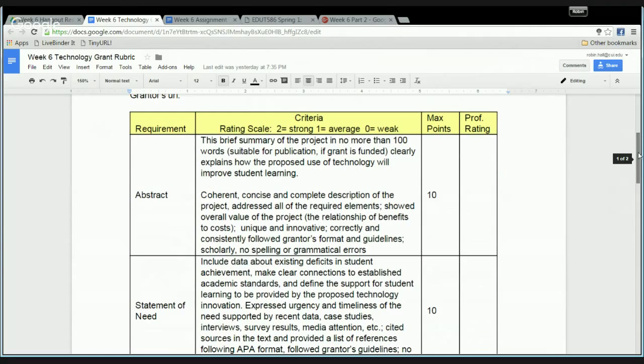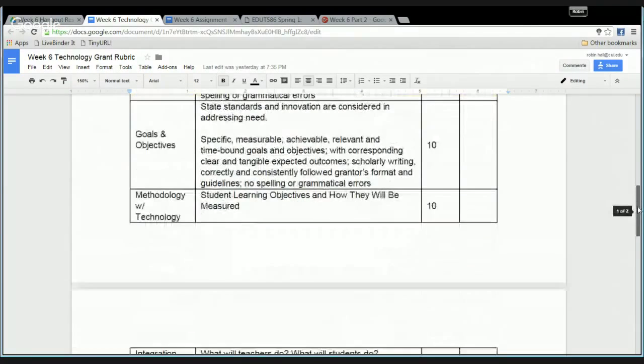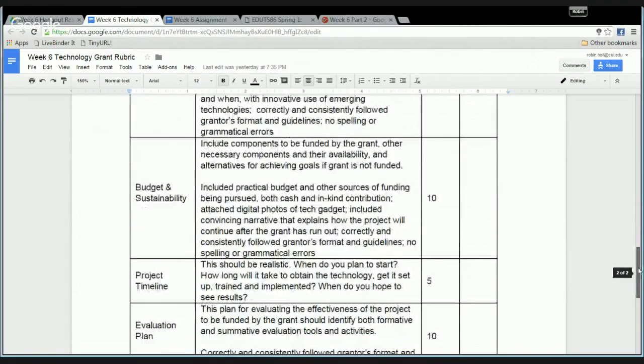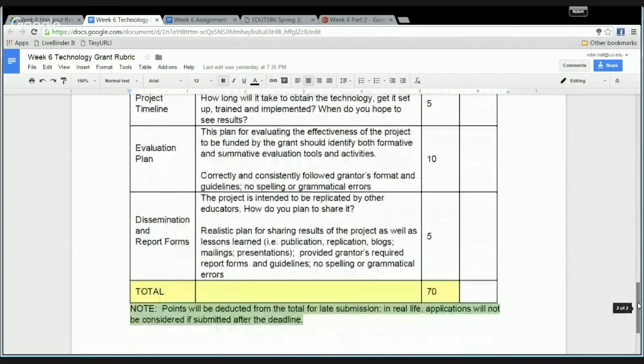Those will become the elements down the left-hand side of the rubric, and I'll match them up as close as possible to what's already on this rubric. But the grant that you find might have elements that aren't on here, which you will have to address, and it might not have some elements that are on this particular rubric at all.